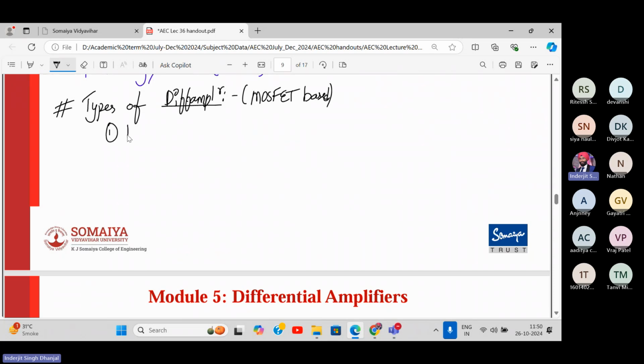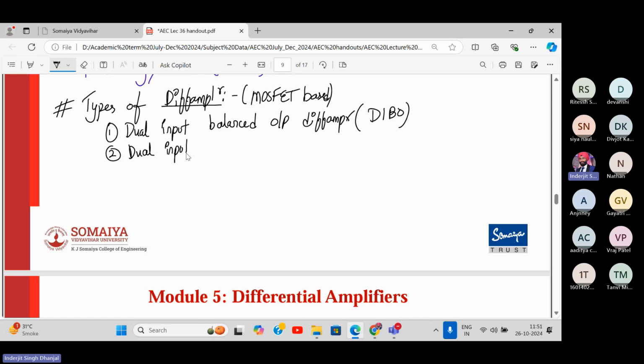The first is dual input balanced output differential amplifier, which is called DIBO. The second will be dual input unbalanced output differential amplifier, which we can call DIUO.